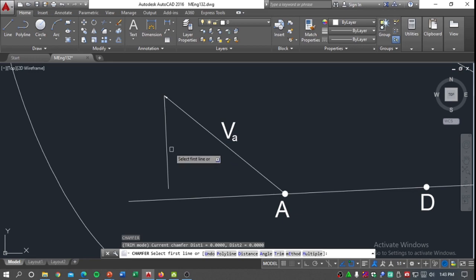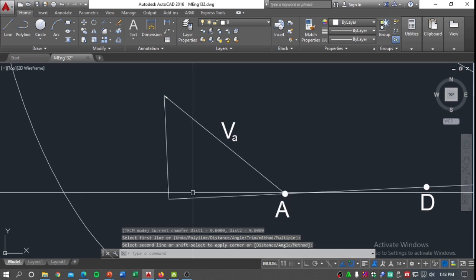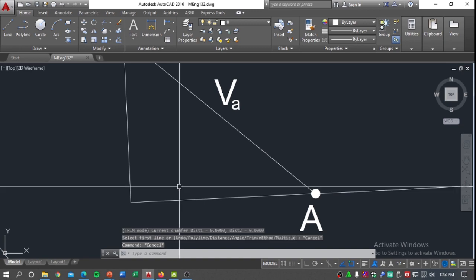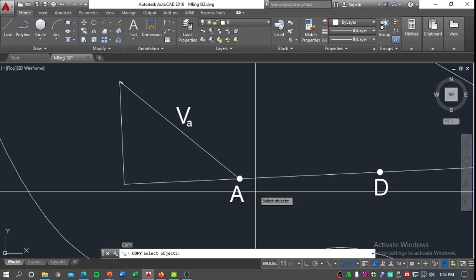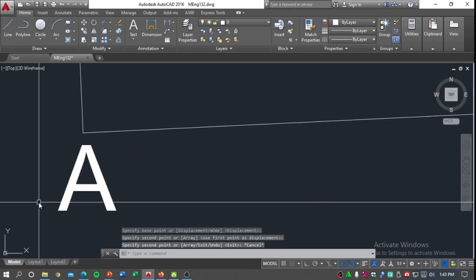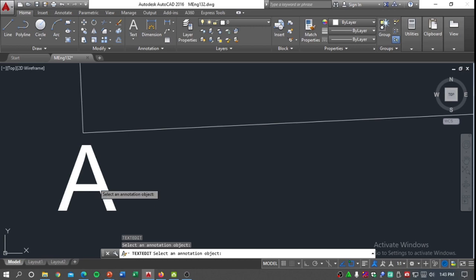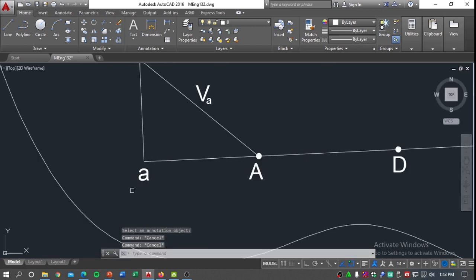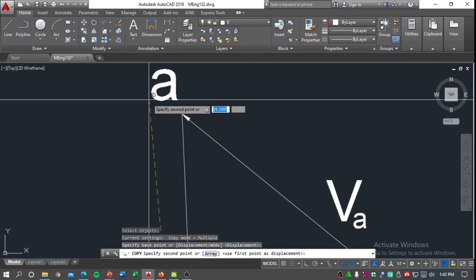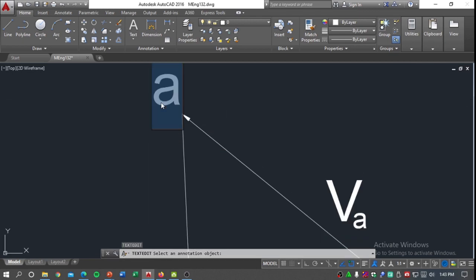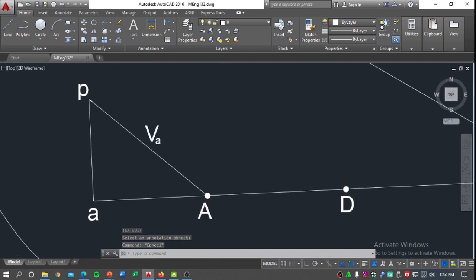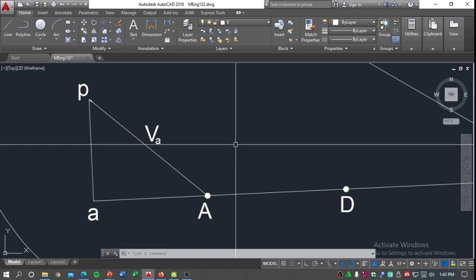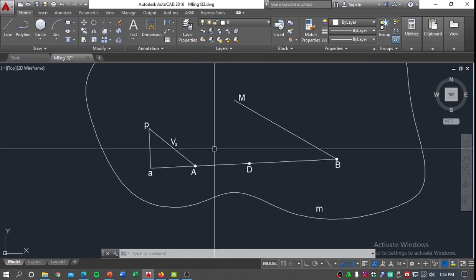We may have to use the chamfer command to close this into a polygon. We assign these 2 points as A and B respectively. Alright, so we now have the components of velocity vector VA.